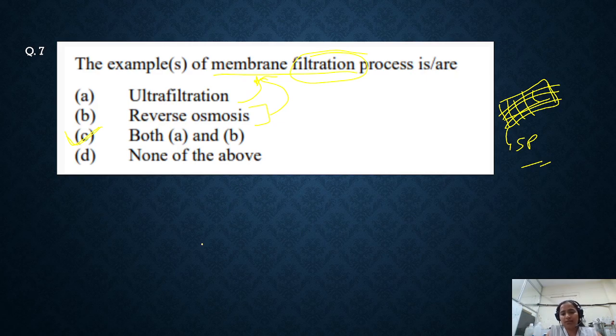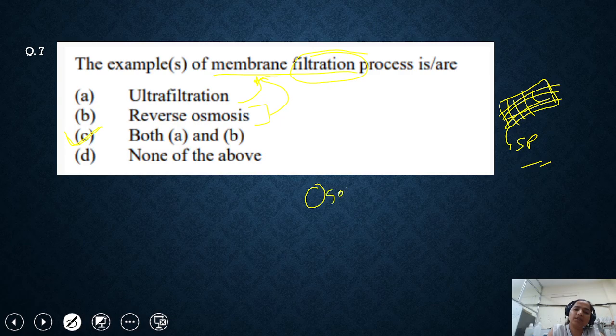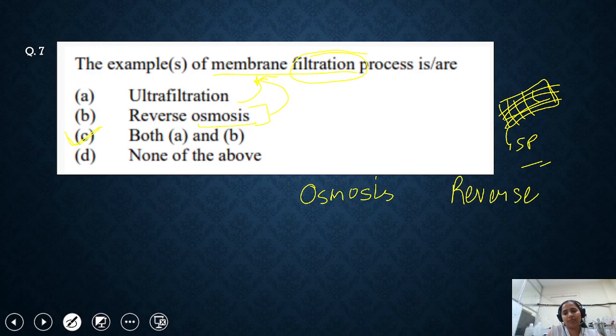Can anybody tell about the difference between osmosis and reverse osmosis? Although it is very clear from the name itself. In osmosis, flow will be from higher to lower, but in reverse osmosis it will be the reverse process, meaning the flow will occur from lower to higher concentration.